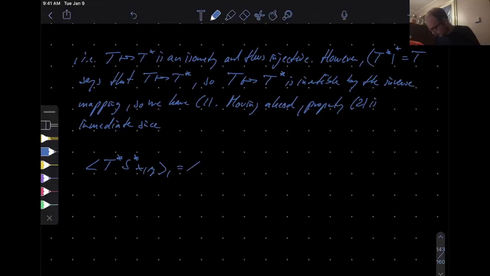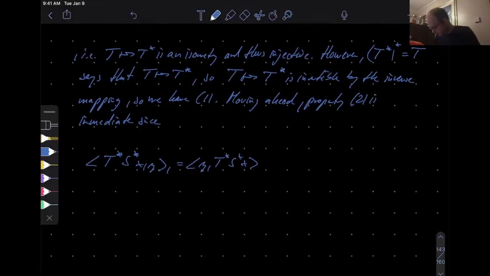Same trickery as in 1. First you exchange the orders. I do the exchange of orders because in my yellow box the star quantity always appeared on the right rather than on the left. So now you use the yellow box for the first time. You can move the T star over there and get rid of the star by doing that.